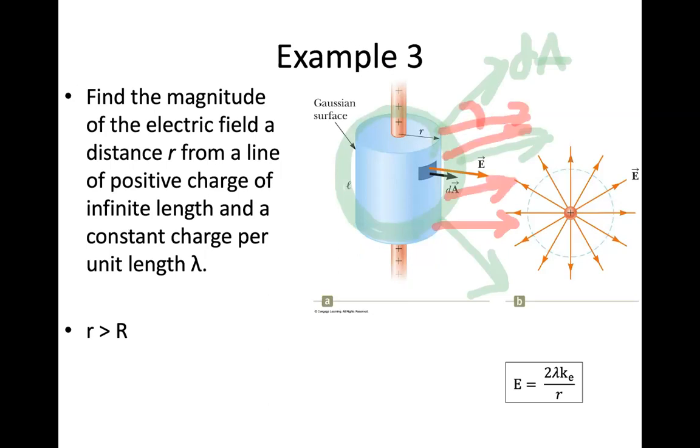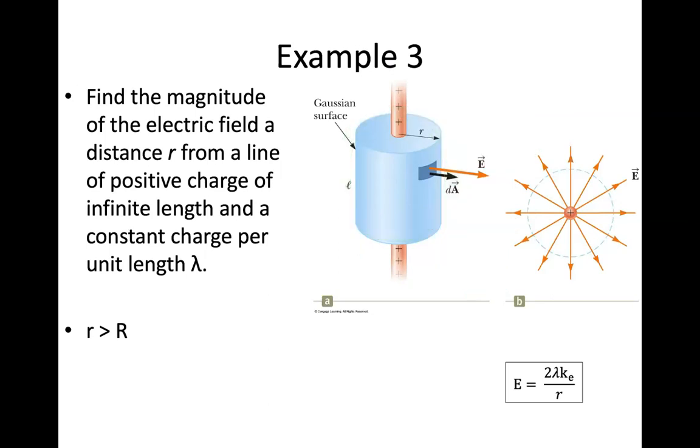Sometimes yes, sometimes no. So I don't want to do that. So if you choose your Gaussian carefully, that E dot dA just becomes EdA.